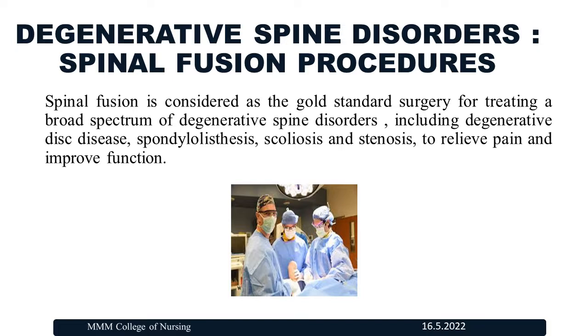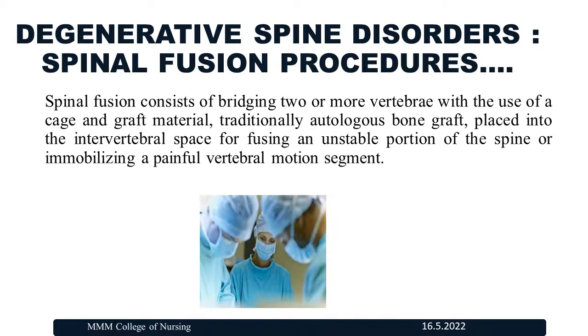The third indication for orthosurgery is spinal fusion procedures. It is considered the gold standard surgery for treating a broad spectrum of degenerative spine disorders, including degenerative disc disease, spondylolisthesis, scoliosis, and stenosis, to relieve pain and improve function.